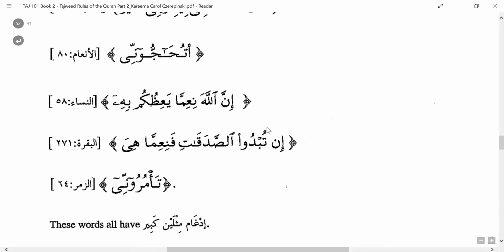Then here Surah Al-Baqarah, ayah number 271. In tubdu sadaqati fa ni'imma hi. Here again there will be idgham.